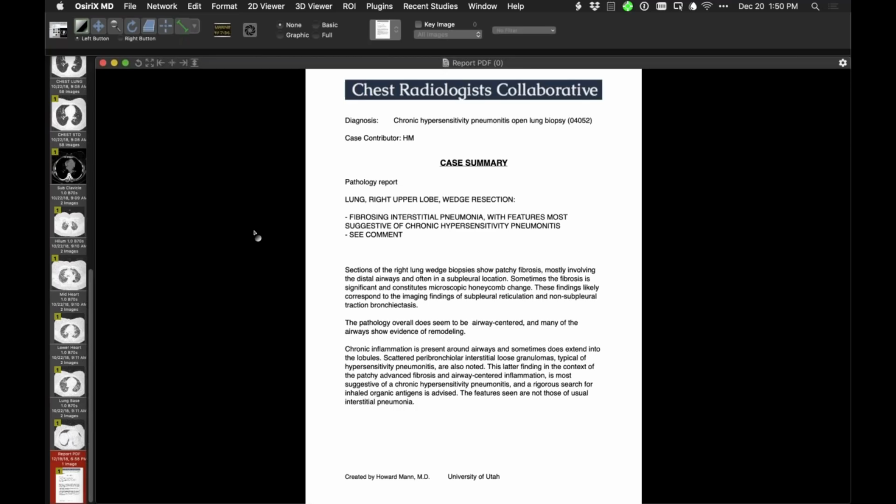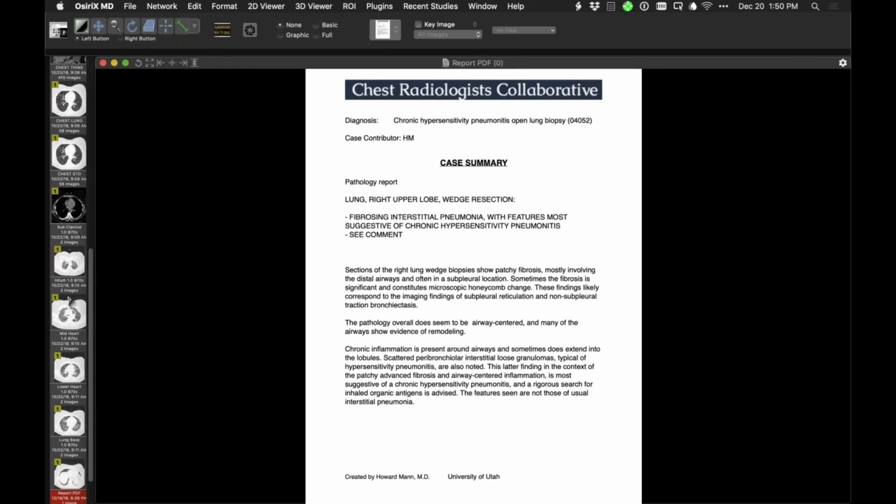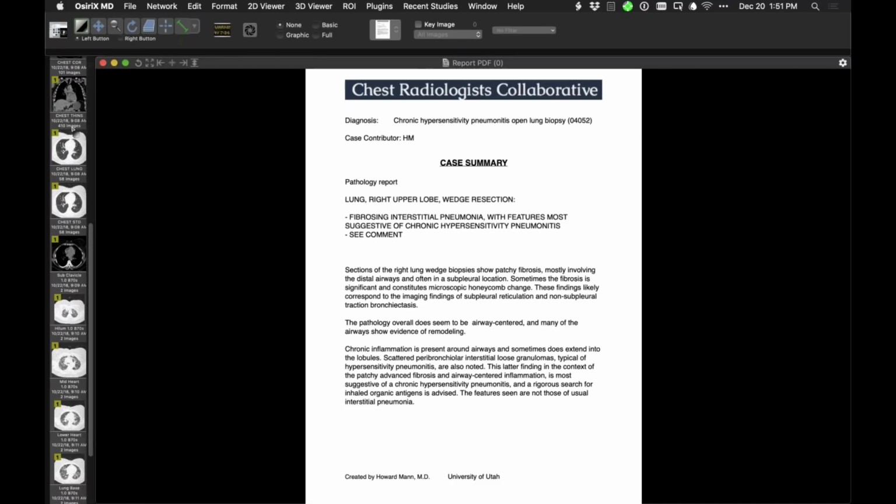So we have airway-centered fibrosis. Airways show some remodeling. There are some loose interstitial granulomas, more advanced fibrosis, but airway-centered inflammation. So I think a very nice correspondence between the pathological findings and description and what we see on imaging as well. It goes along very nicely, a nice correlation.